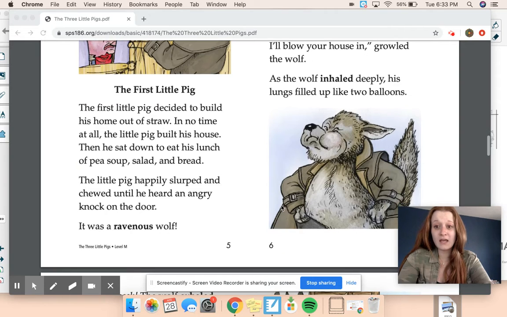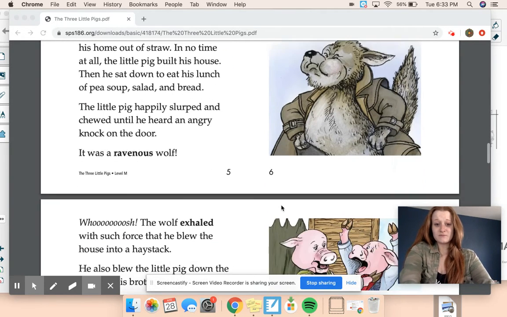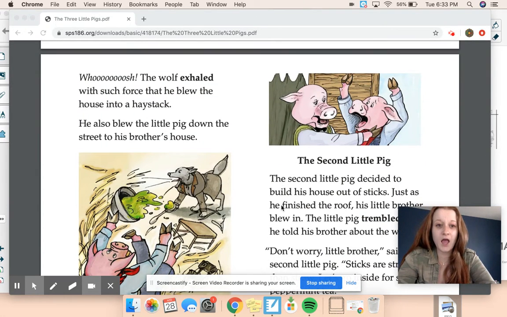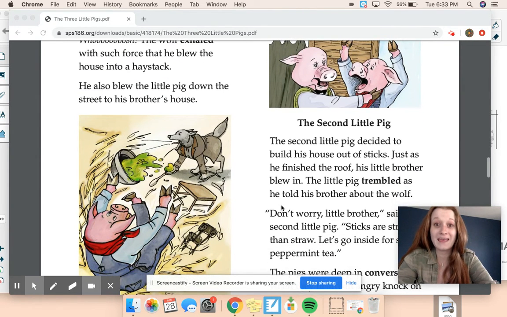As the wolf inhaled deeply, his lungs filled up like two balloons. Whoosh! The wolf exhaled with such force that he blew the house into a haystack. He also blew the little pig down the street to his brother's house.